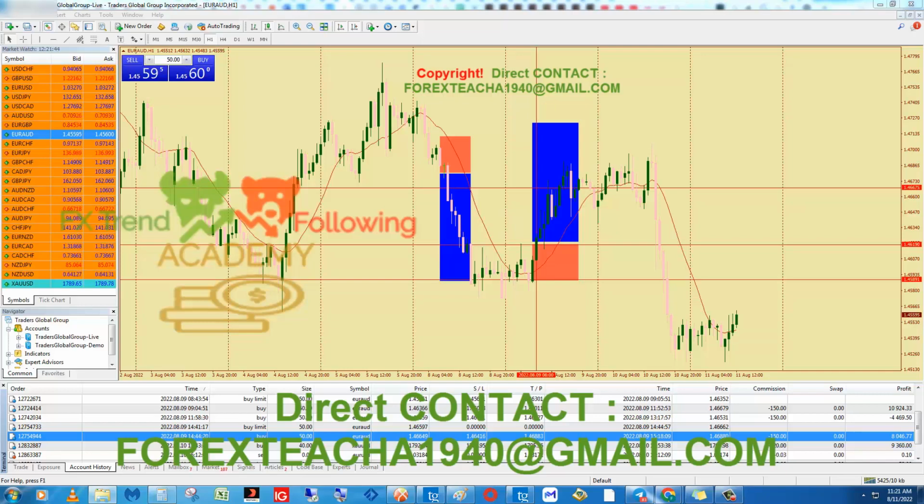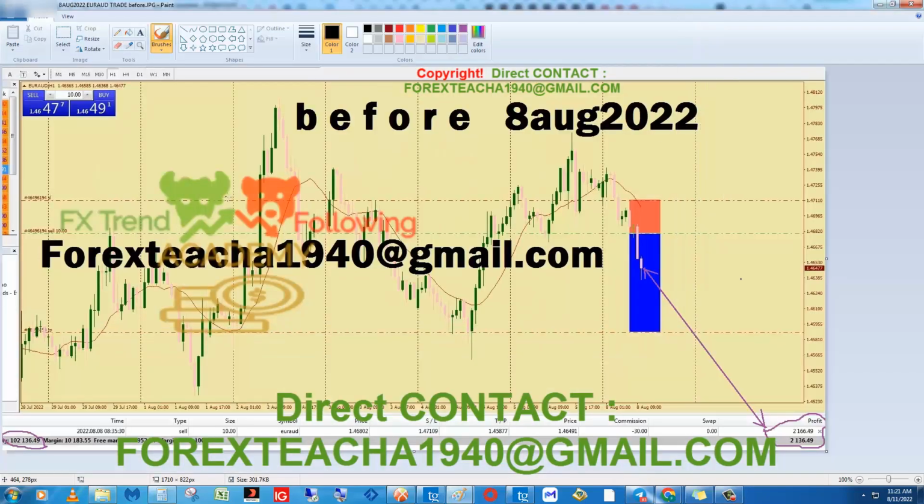What you see on the screen was the screenshot that I took before I passed this account in 1 day. At that point when I took this screenshot, it was 2,000 in profit, and I put a very good stop loss right here, which was around 2,000, and this was my entry right here.